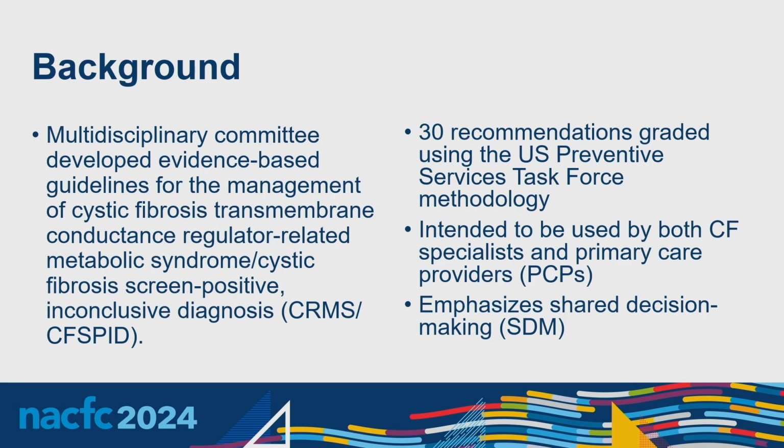From that, a total of 30 recommendations were graded using the U.S. Preventive Services Task Force methodology, and recommendations that received greater than 80% consensus among the entire committee were approved. These guidelines are intended to be used by both CF specialists and primary care providers, or PCPs, and there's an emphasis on shared decision-making.